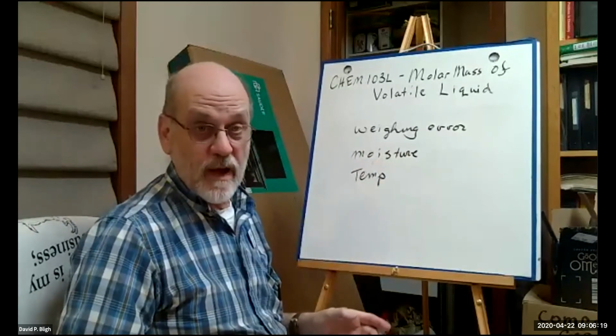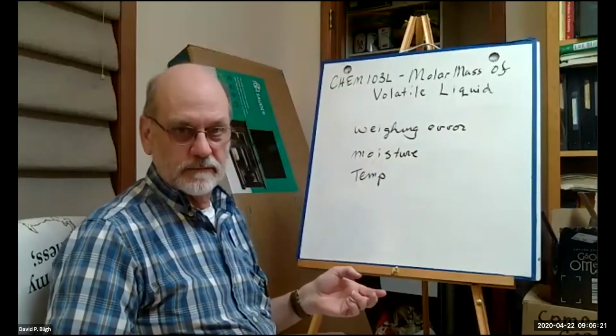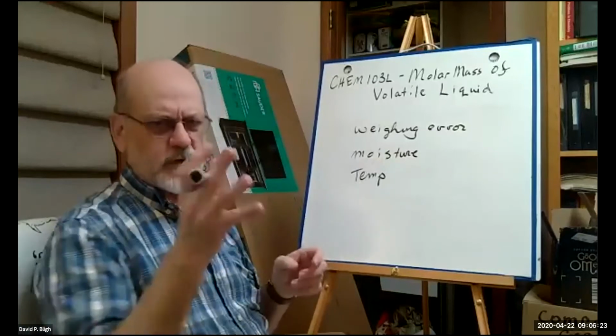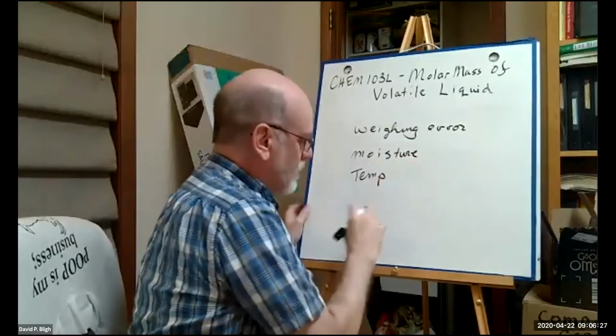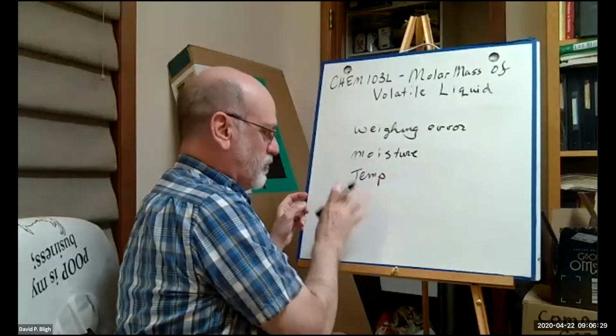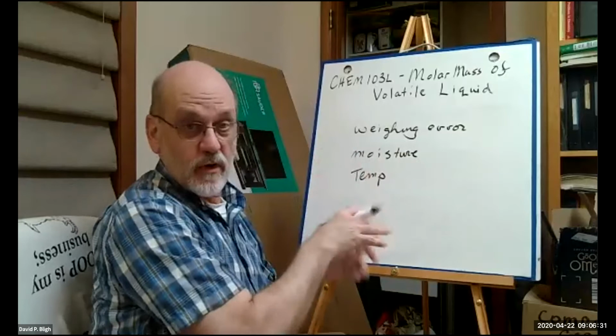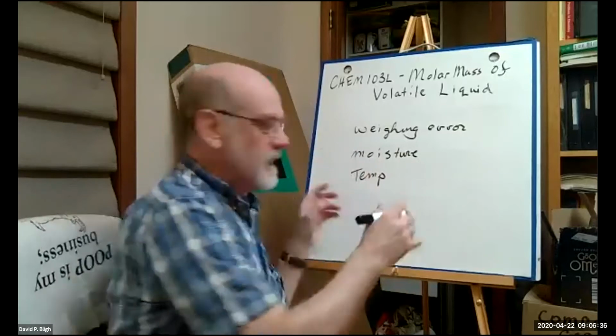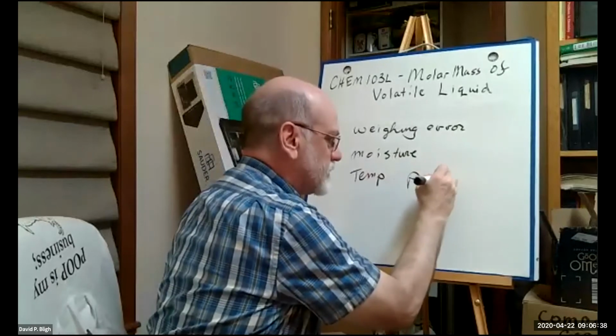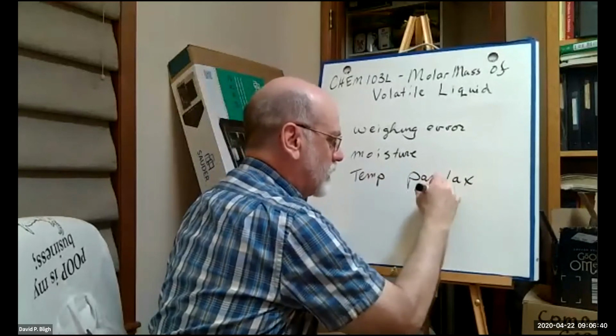You could read the thermometer wrong. I don't know if I've talked about this, so I'll just say it again. The most common problem with reading a thermometer or any glassware that's calibrated is called parallax error.